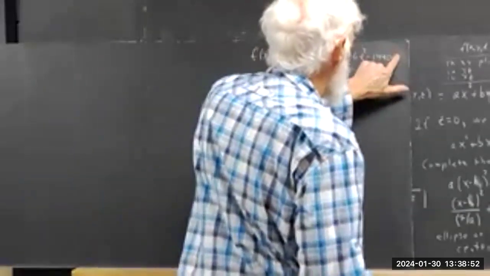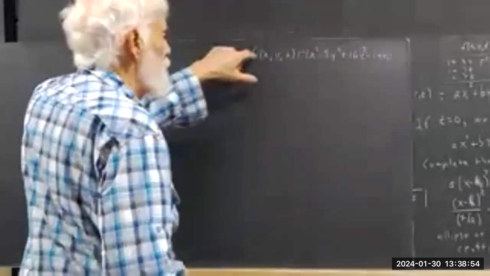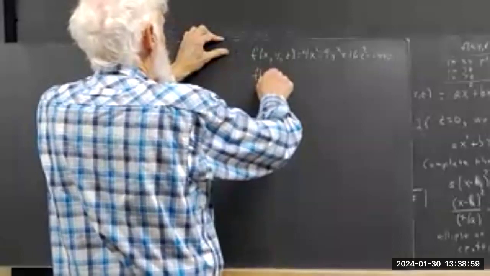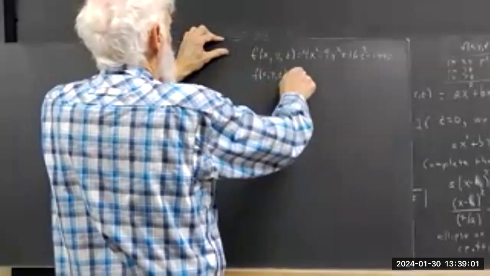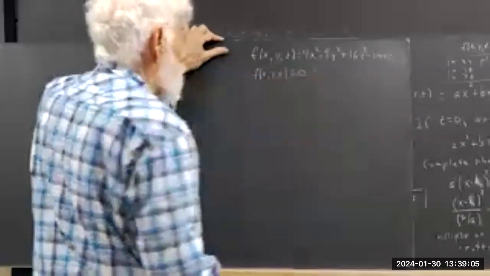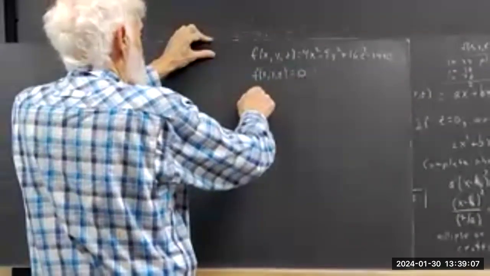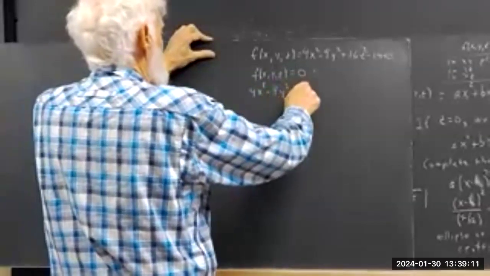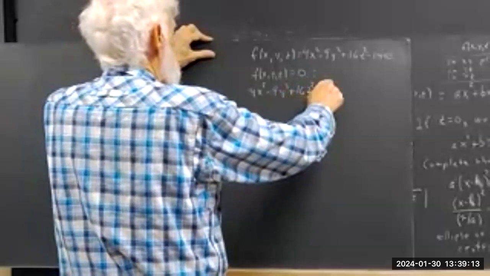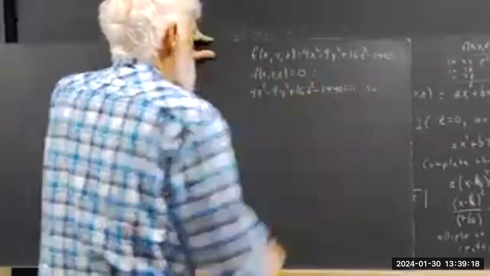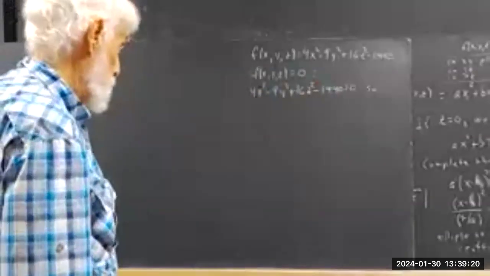And I said that this equals zero. Here's your f of x, y, z function. And if we set f of x, y, z equal to zero, then we can actually simplify this.